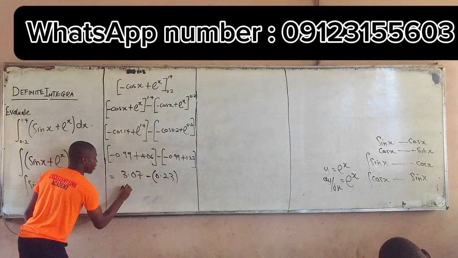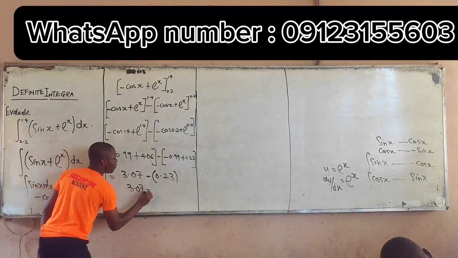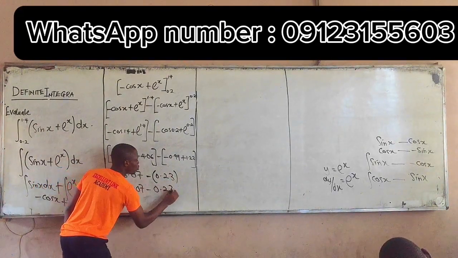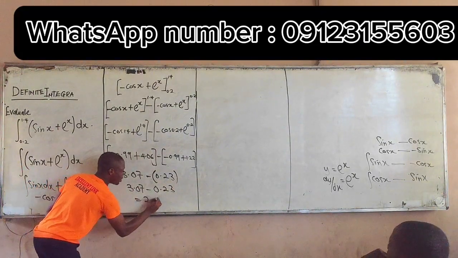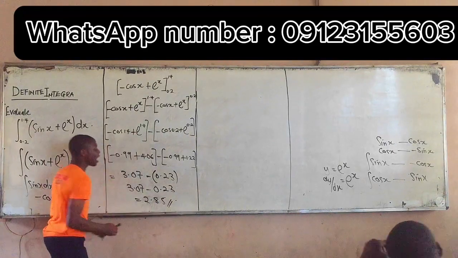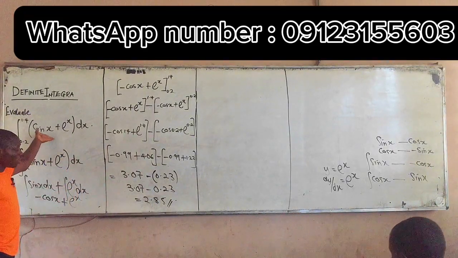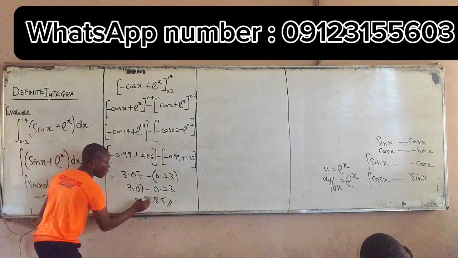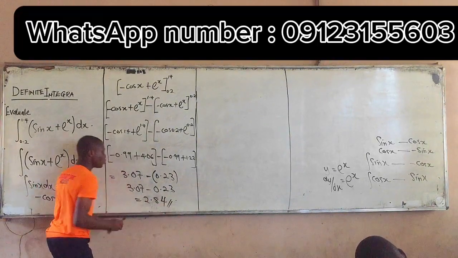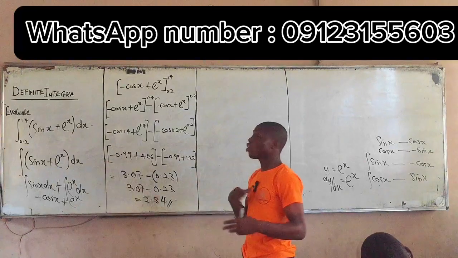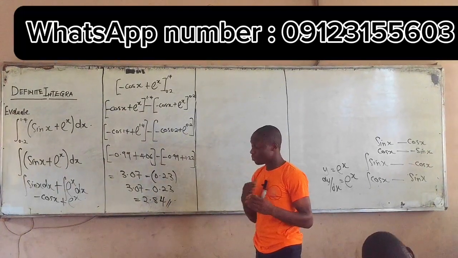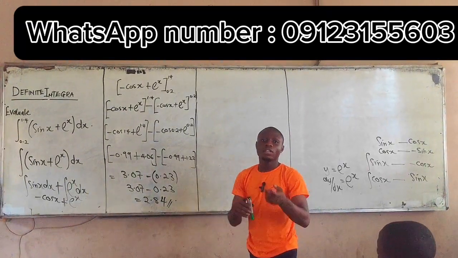Next, look at the brackets: I'll have 3.07 minus 0.23. Please give an answer. 2.84. Yes, 2.84. So this is my final answer after solving this using the concept of definite integral.